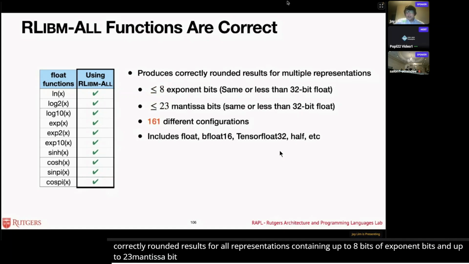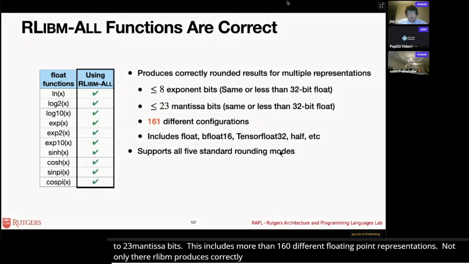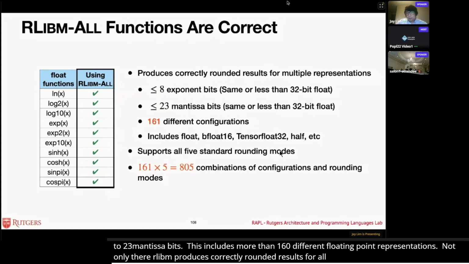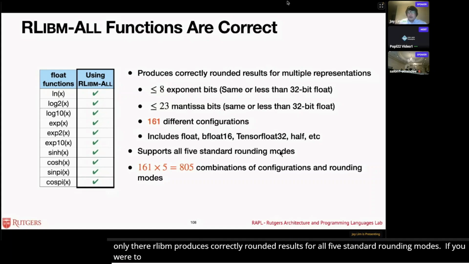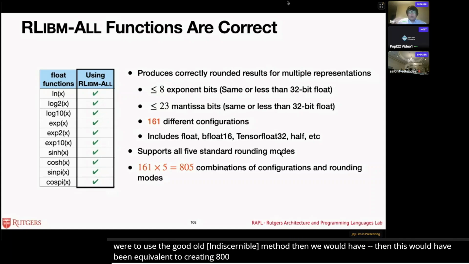This includes more than 160 different floating point representations, but not only that, RLibMall produces correctly rounded results for all 5 IEEE 754 standard rounding modes. If we were to use the good old Santosh's 20 PhD student method, then this would have been equivalent to creating 800 different implementations for the different combinations of floating point representations and rounding modes.